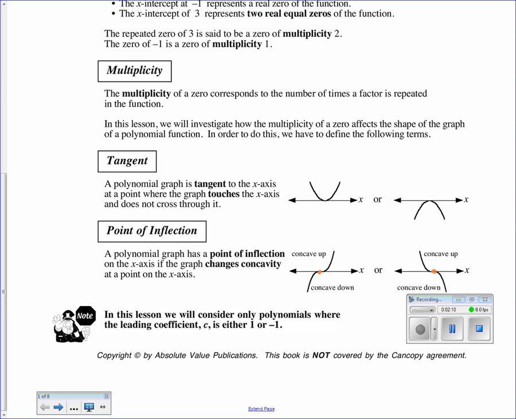And this overall shape is often referred to as a squiggle, and that refers to a factor that has a multiplicity of 3. And we're going to see some of those factors. Again, we're going to restrict ourselves to polynomials whose c-value is only 1 or -1. Let's turn the page.